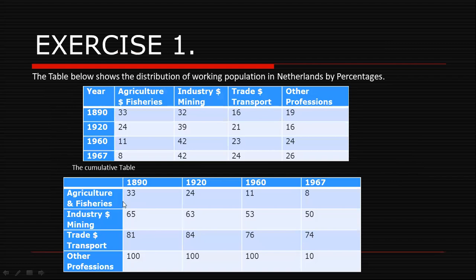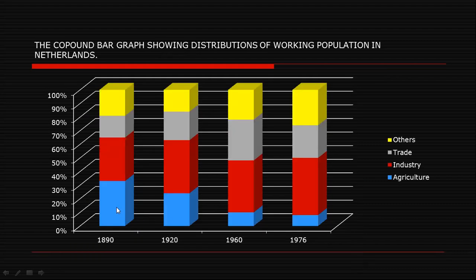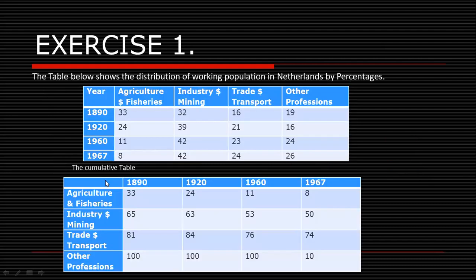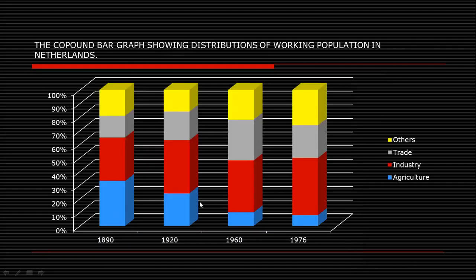If we go up here, this representation is 33, 24, 11, 8 is what we are representing here. So you will see that this one, 1987, is giving us a representation of 33. If we go back here, 24 is for 1920, and 24 you will get here.